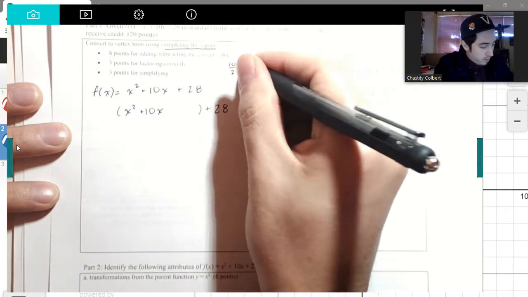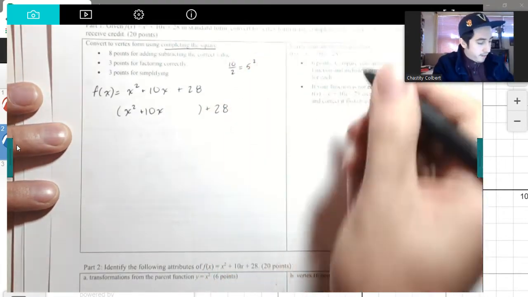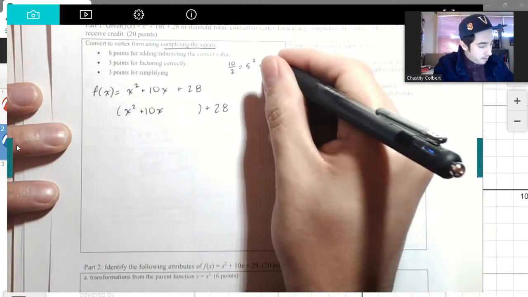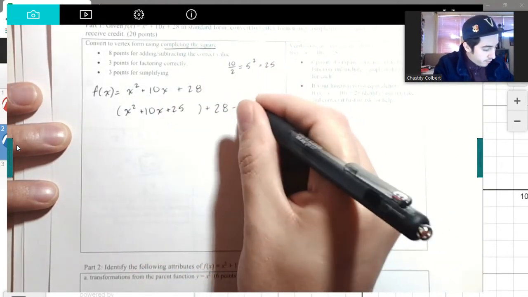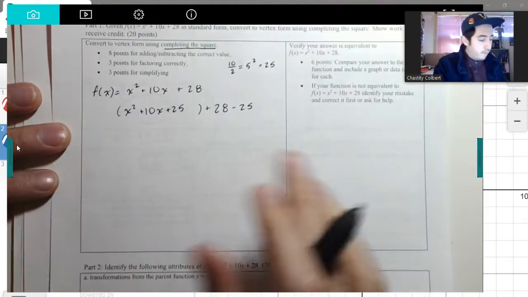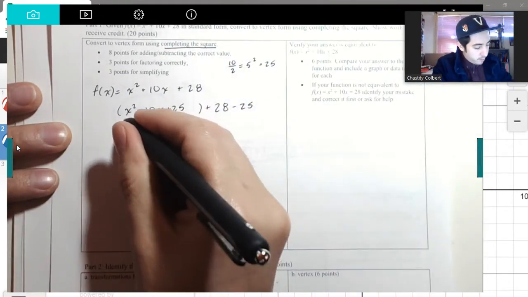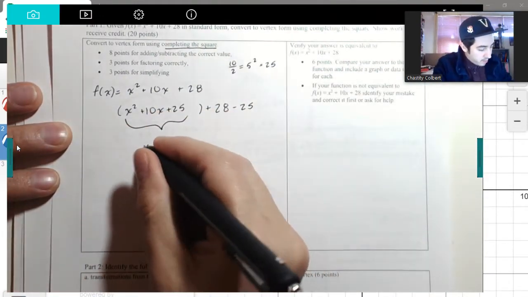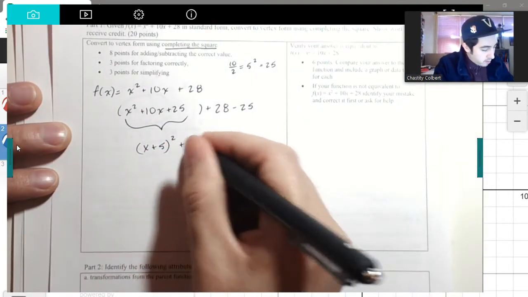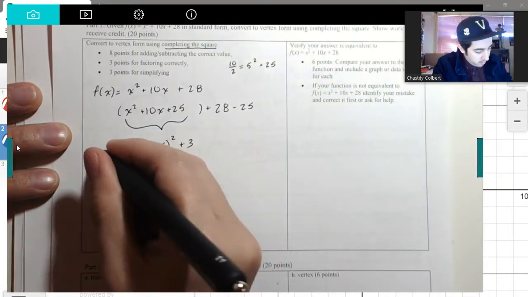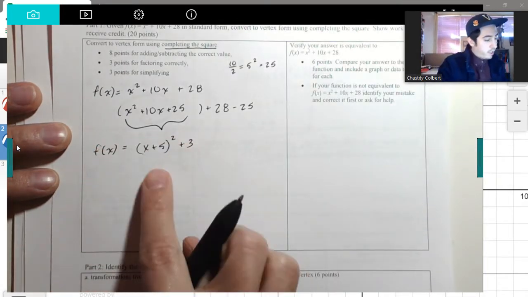Divide that by 2. It's 5. I'm going to square that, and I get 25. So plus 25 here, minus 25 there. That way you can maintain balance. This simplifies to x plus 5 squared plus 3. There it is in vertex form.